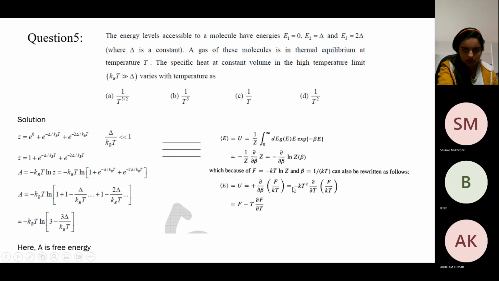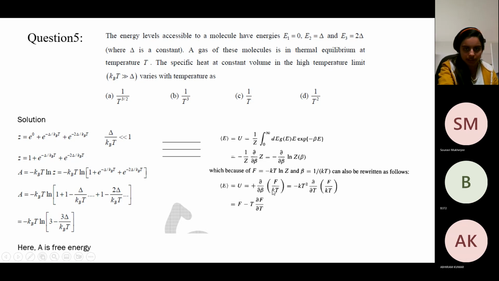And if you do a derivative with respect to temperature, you'll see that the specific heat only depends on a term like T del square A del T square.